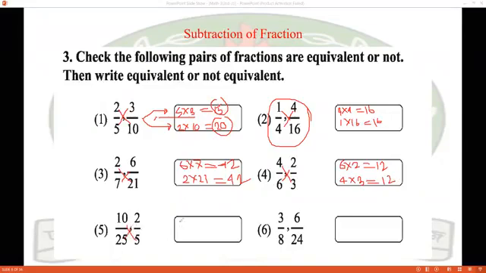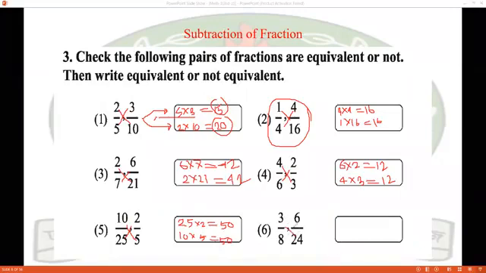Here multiplying 25 into 2, we get 50. 10 into 5, we get 50. So they are equivalent. So the two are equivalent fractions.